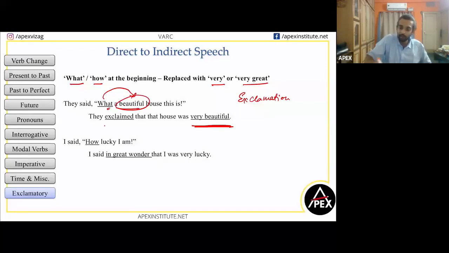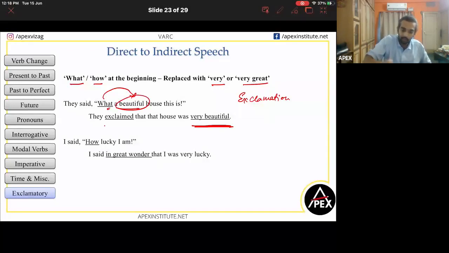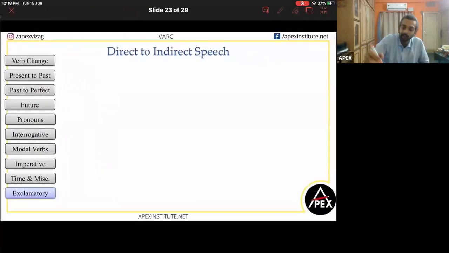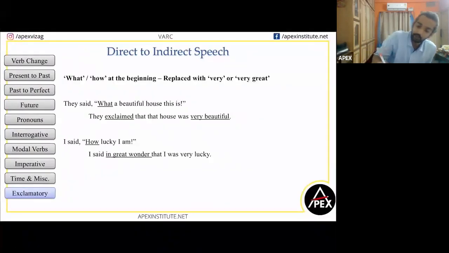See, one minute, let me just put this slide on again. If I'm saying they said, this they is what? Pronoun. Said is verb, correct? Now over here, a is adjective, beautiful is adjective, house is noun, correct?